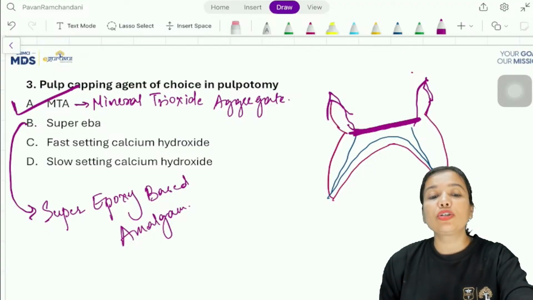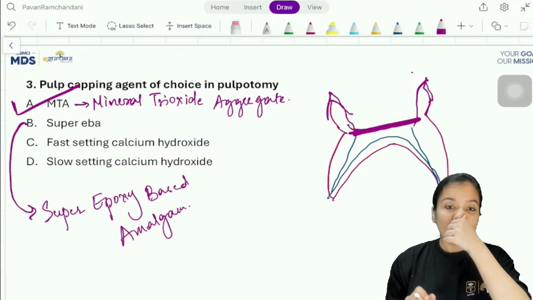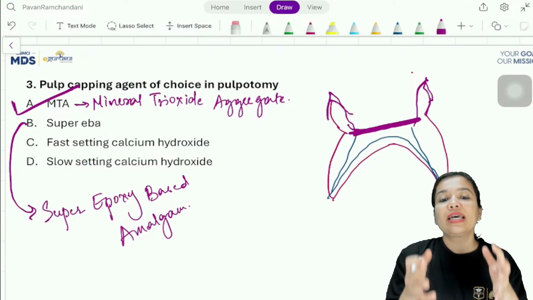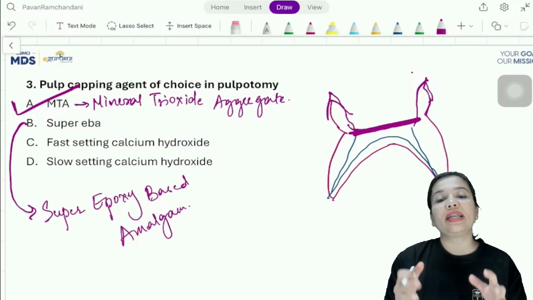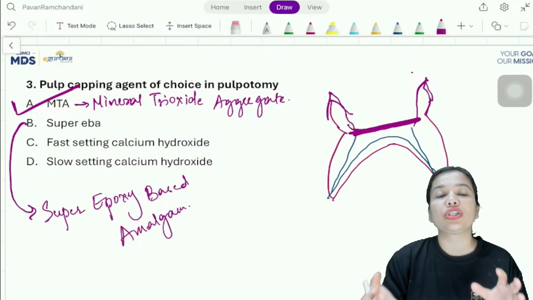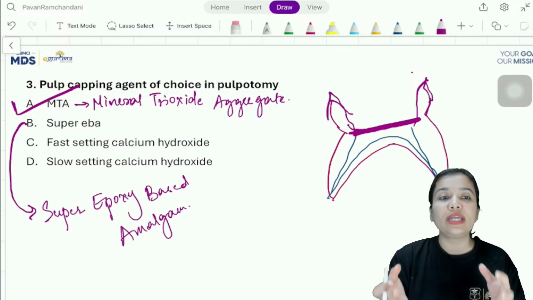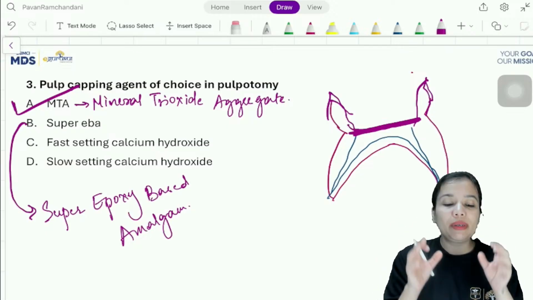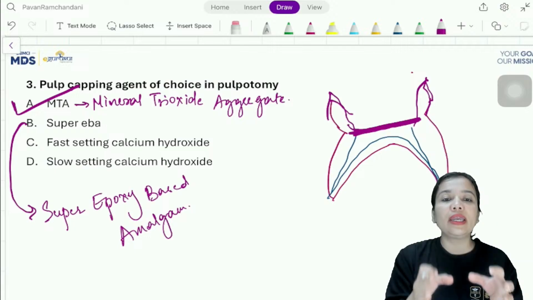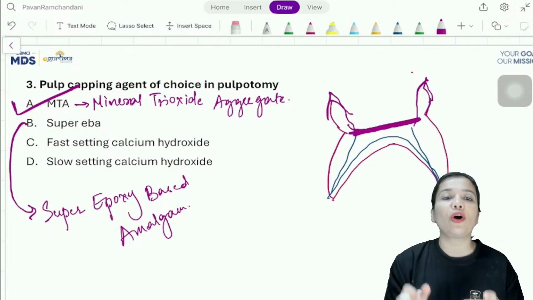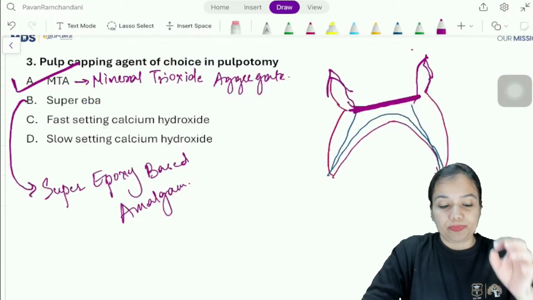Whereas slow setting has a lack of sealing ability and greater micro leakage. It can lead to micro leakage, and that is why MTA is supposed to be the ideal material of choice for pulpotomy procedures.